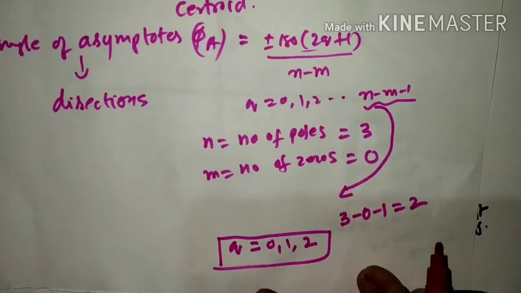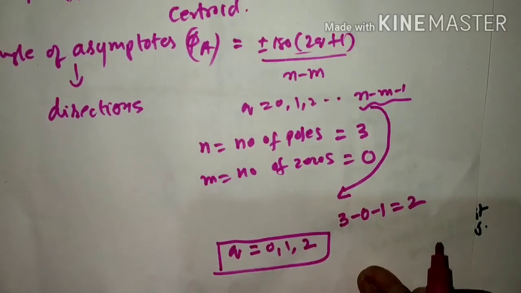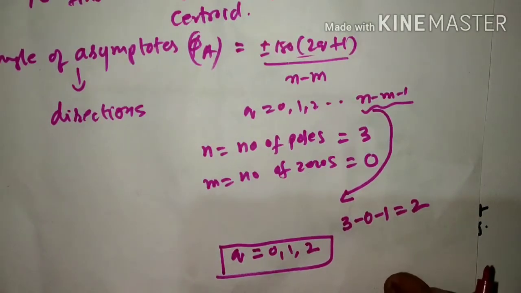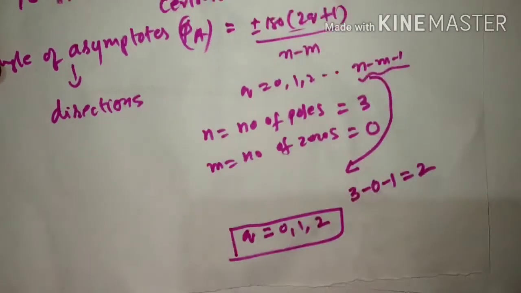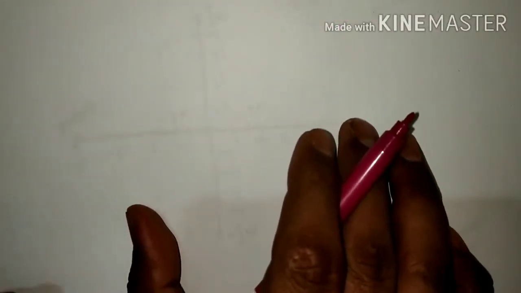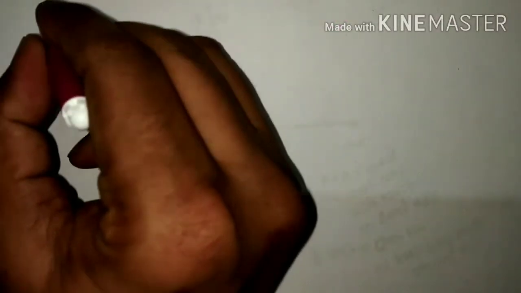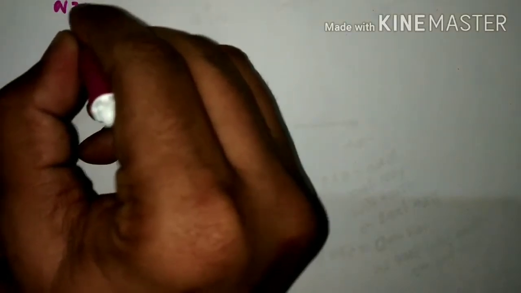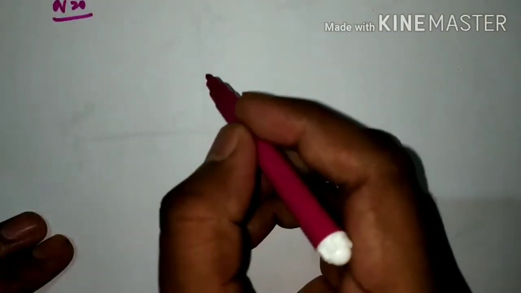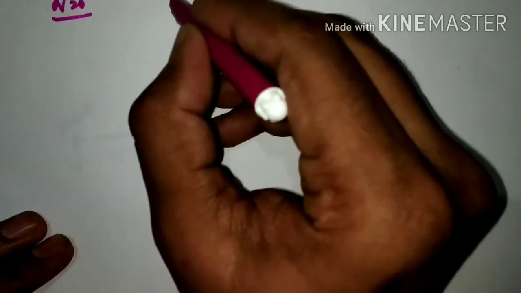For these q values, you have to find the asymptotes. I am going to find asymptotes here for q is equal to 0. So for q is equal to 0, what is your asymptote? You know the formula.